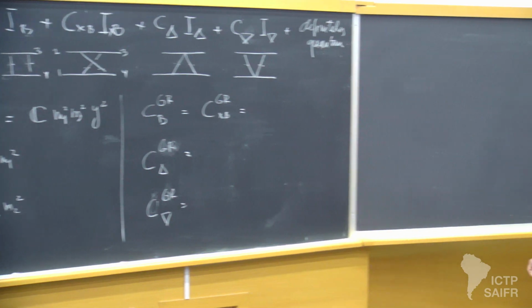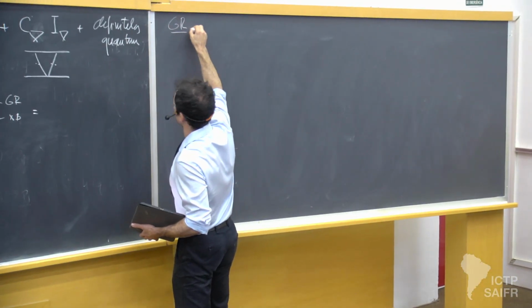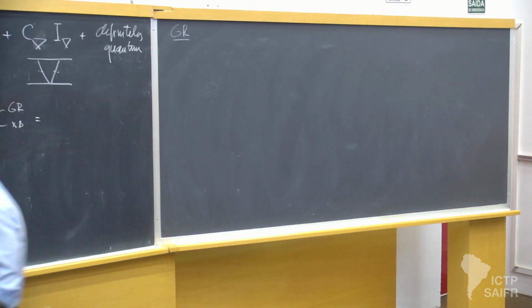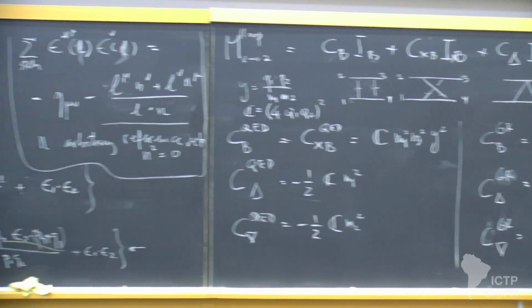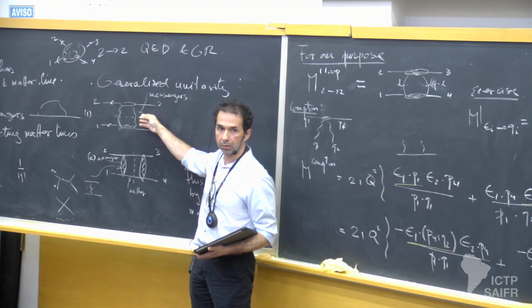For GR coupled to scalars, we can say exactly the same words that we said for QED, namely that we can start from these two cuts, rule out contributions from this one, and stick only to contributions from this.